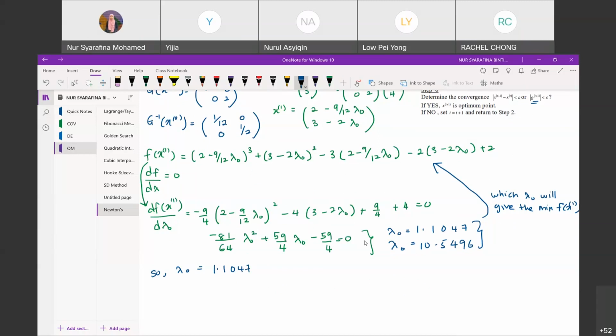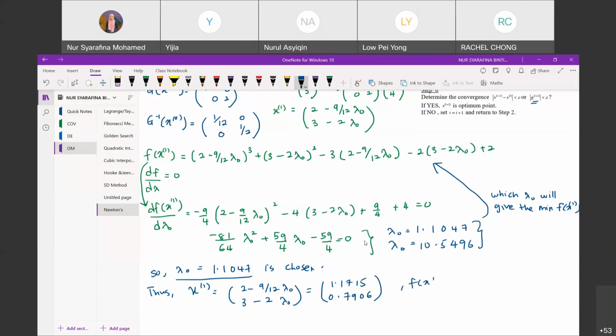Then when you have your lambda, you can have your x1. So x1 is 2 minus 9 over 12 lambda naught here. Now you just substitute the value of lambda naught that you obtained. Now you have your x1, which is 1.1715 and 0.7906. So this is your x1, and f at x1 is obtained.